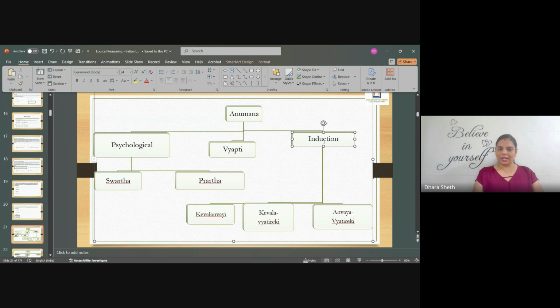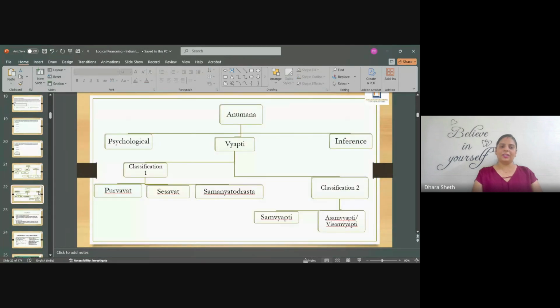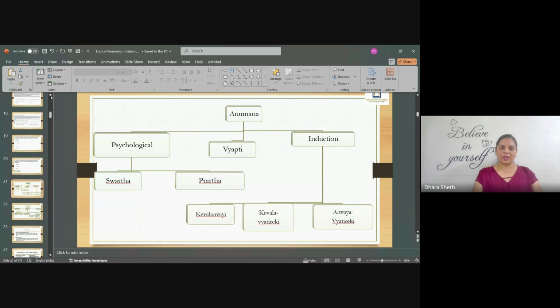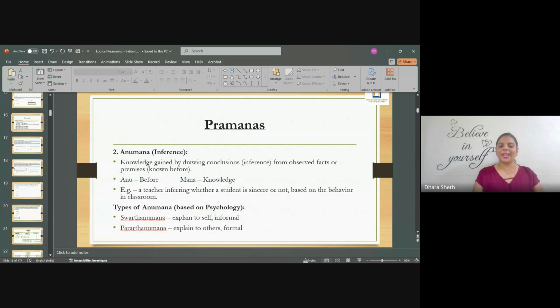Psychological, vyapti, and induction. So vyapti is there in the next slide. Don't worry. It was too much to show in one slide, so I thought I'll divide it. So let's start with the first classification. Swarth Anuman and Prarth Anuman. What is Swarth Anuman? What is Prarth Anuman? Swarth Anuman is when you explain things to yourself.